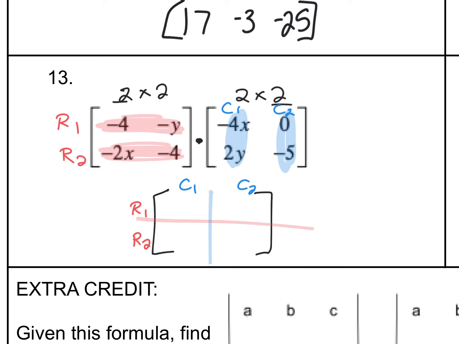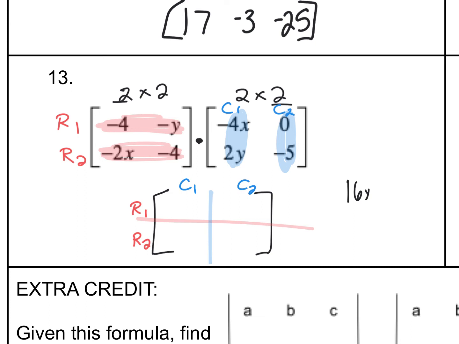Okay. My first element here, which is row 1, column 1, I need to multiply what first? Yep, 16x, good. So first term times first term, and then second term times second term.